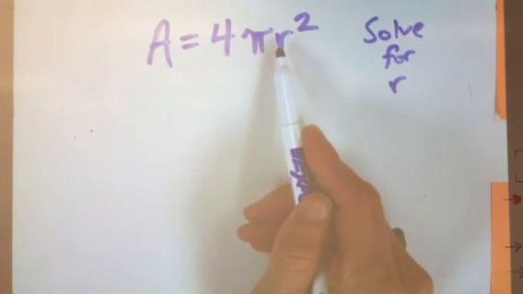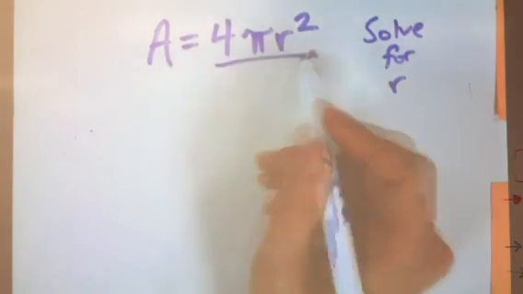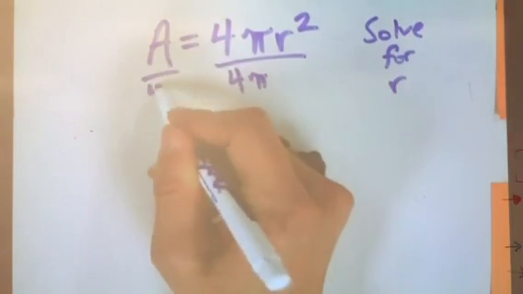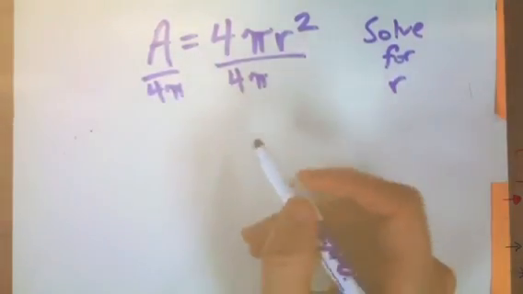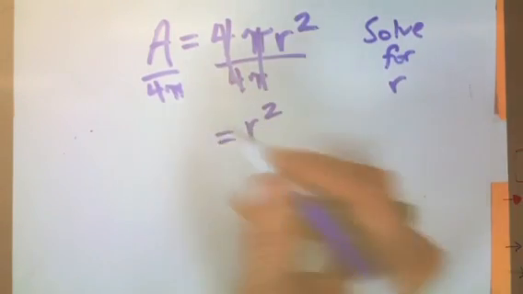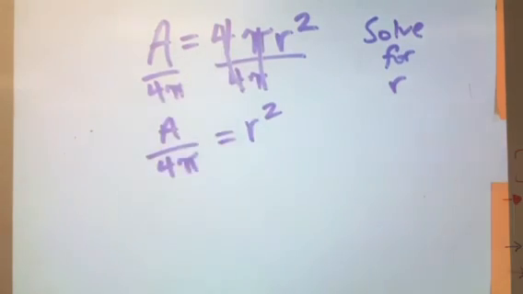So to get R by itself, I'm going to divide, and I can divide by both 4 and pi at the same time. So that leaves me with r squared is equal to A divided by 4 pi.